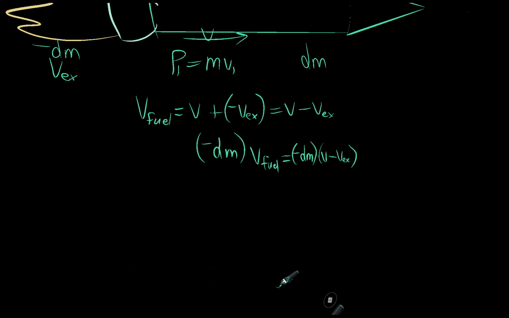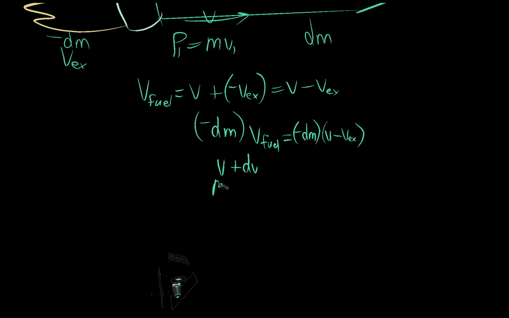At the end of this interval dt, the velocity of the rocket has increased to v plus dv, and its mass has decreased to m plus dm. And remember, dm itself is negative.